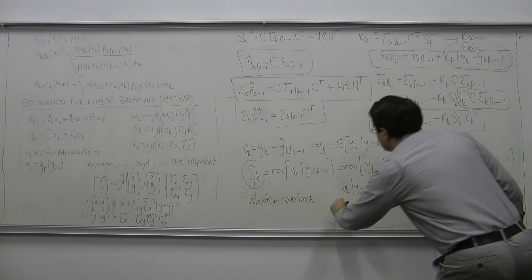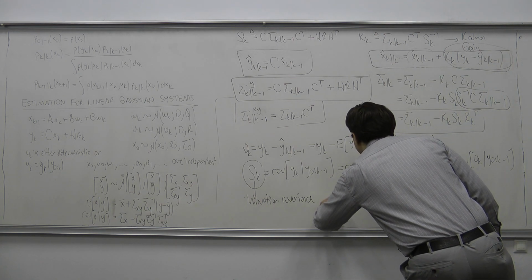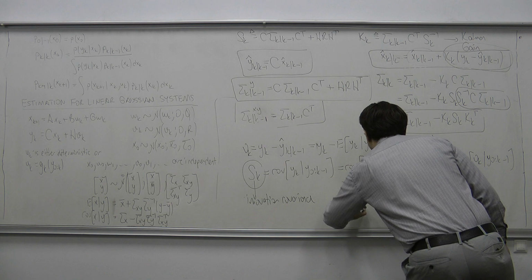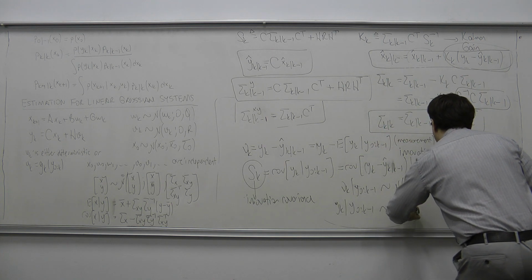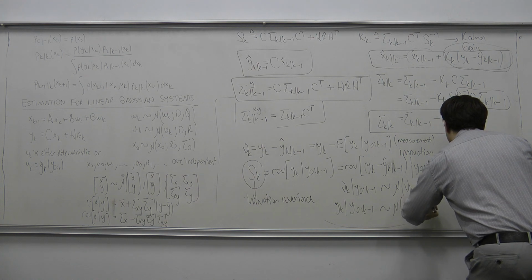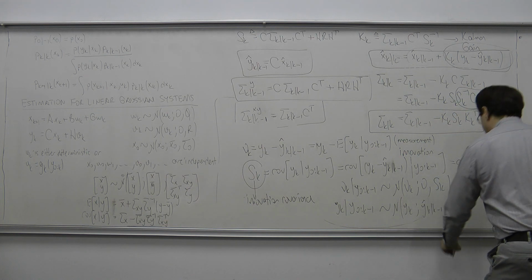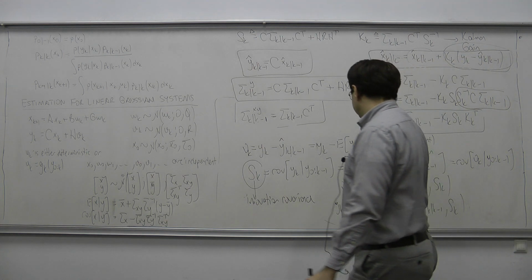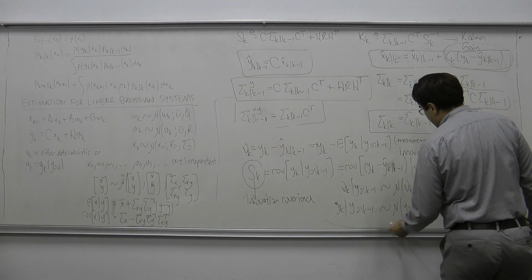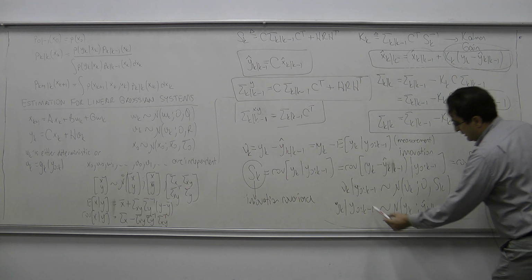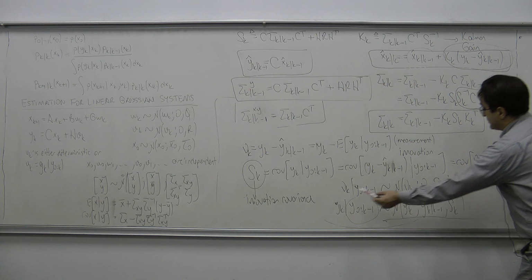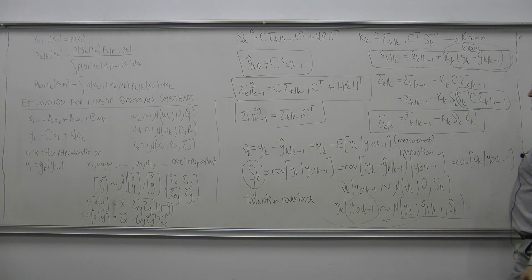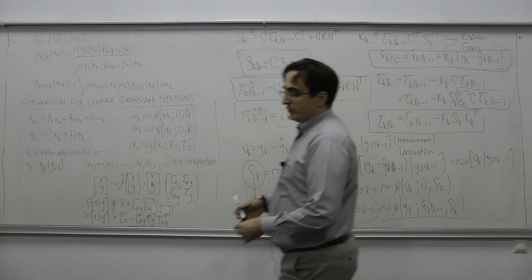Or I can write the distribution of yk given y0 to k minus 1. It is distributed as normal yk, y hat k given k minus 1, and Sk. Okay? So this is the distribution of yk given all of the previous measurements. So this is the predicted measurement distribution. Okay?